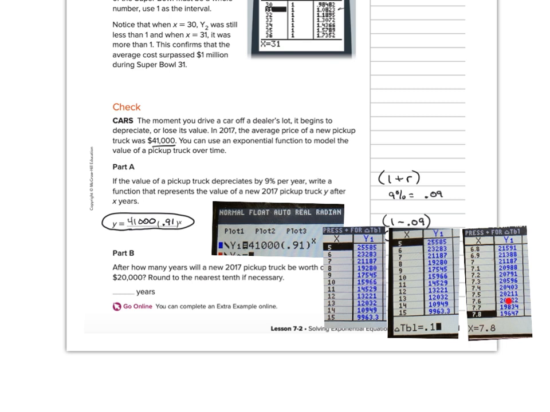Well, at 7.6 years, it's worth $20,022, and then at 7.7 years, it is worth $19,834. And I have a feeling that if I were to round that, it's going to be somewhere along the lines of 7.6 years. It's going to be worth that $20,000.